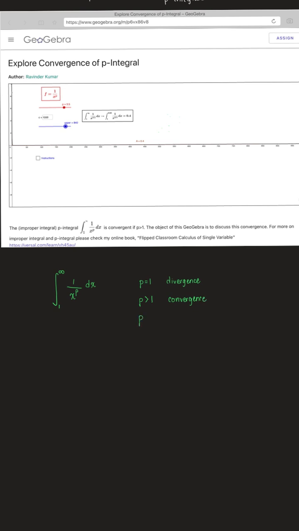And when p is less than 1, the area kept getting larger and larger, so we also have divergence. So the p integral will diverge when p is less than or equal to 1, and converge when p is greater than 1.